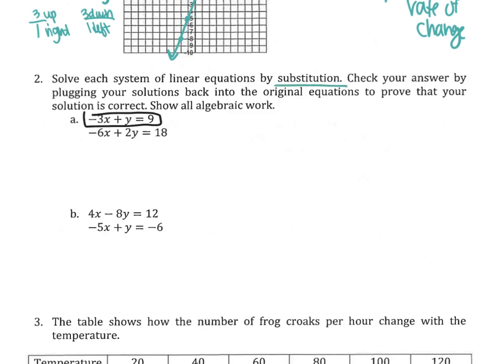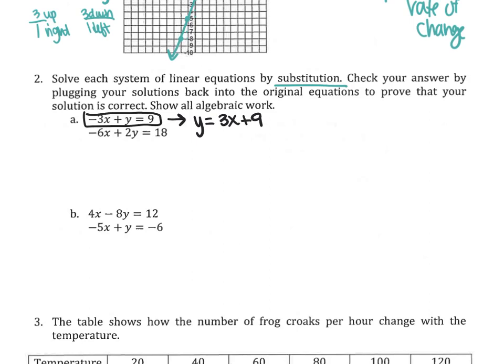I'm going to use this top one because y is almost by itself. All I need to do is add 3x to the right side, which would give me y equals 3x, and that was a positive 9, so I do plus 9. I cannot combine those because they are not like terms.